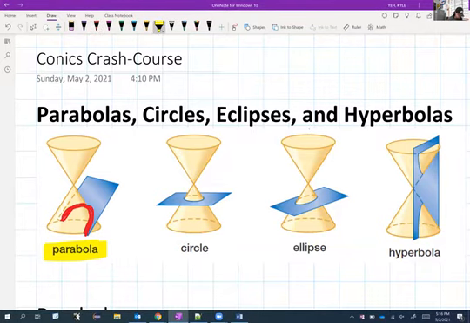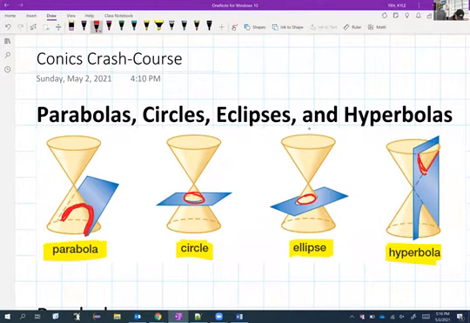There are also circles, and that one's fairly easy to see. We slice this cone straight across, it will create a perfect circle. Ellipses are kind of like circles, but they are circles that are stretched. They're ovals, basically. So ellipses are our third conic section, followed by hyperbolas, which are interesting conic sections.